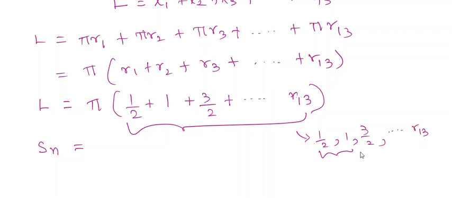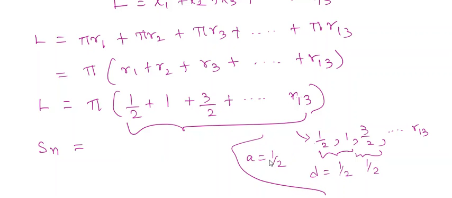And from this arithmetic progression, there is some common difference. 1 minus half, half. 1.5 minus half, half. It means the common difference is equal to 1 by 2. And a is equal to 1 by 2. So these are all the values we can get from the given equation.